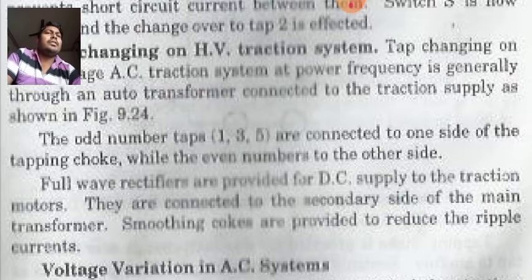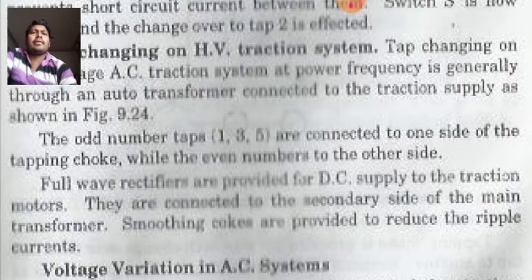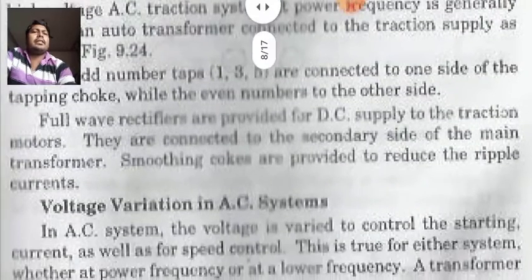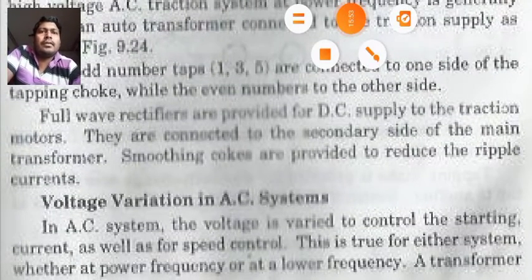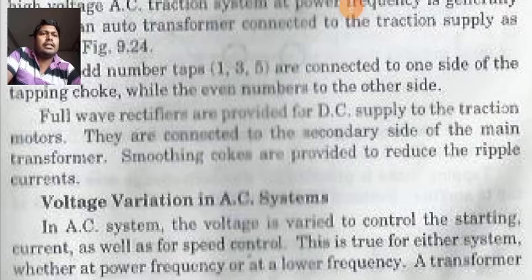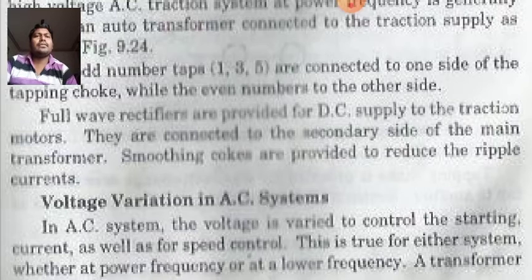Now smoothing chokes are provided to reduce the ripple currents, and for voltage variation in the AC system, the voltage is varied to control the starting current as well as for the speed control. This is true for either system, whether at power frequency or at lower frequency. So for both of these frequencies, this variation in AC voltage is made.